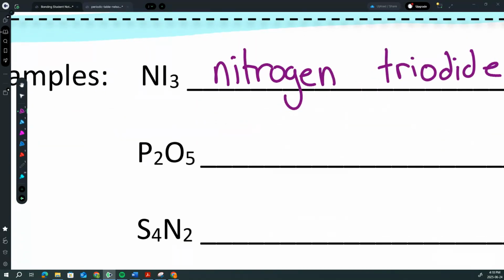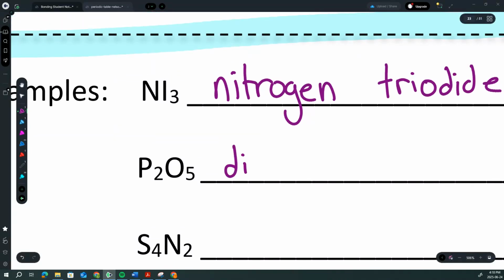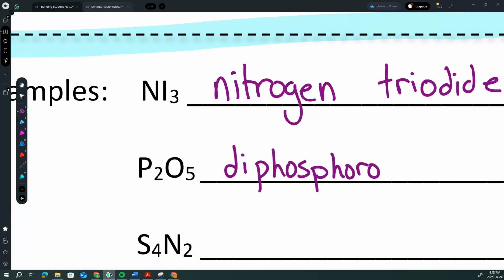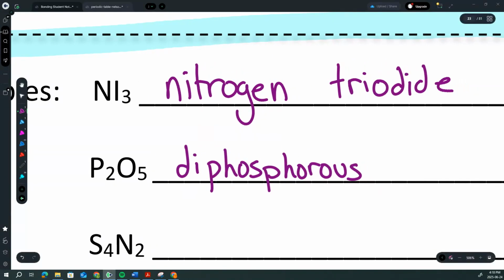P2O5. Well, P is phosphorus. It's very important that you know that P is phosphorus. It is not potassium. Potassium is K. Now we want to say there are two phosphorus atoms, so I'm going to write diphosphorus.